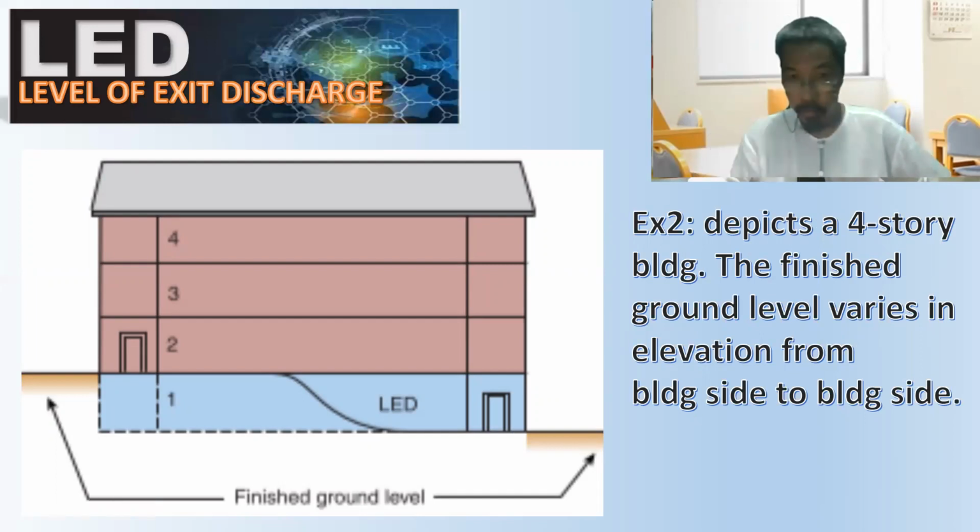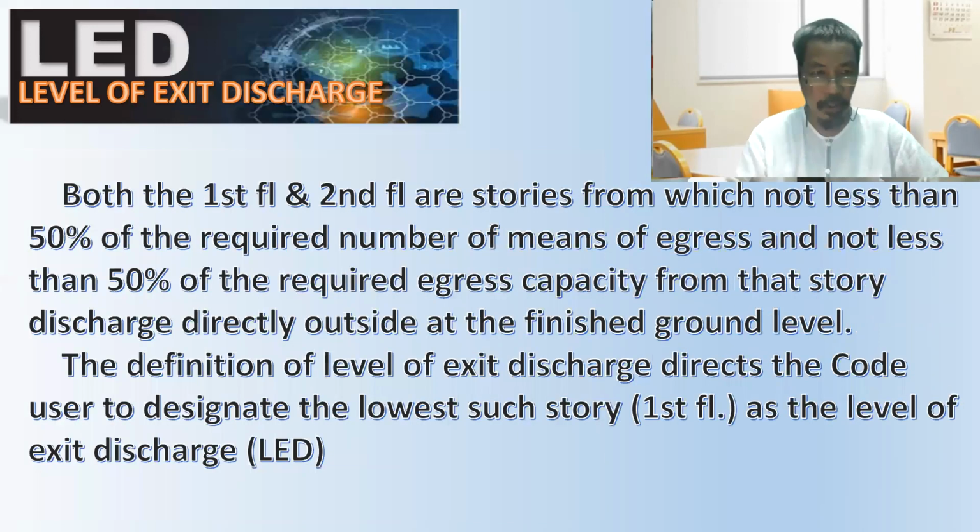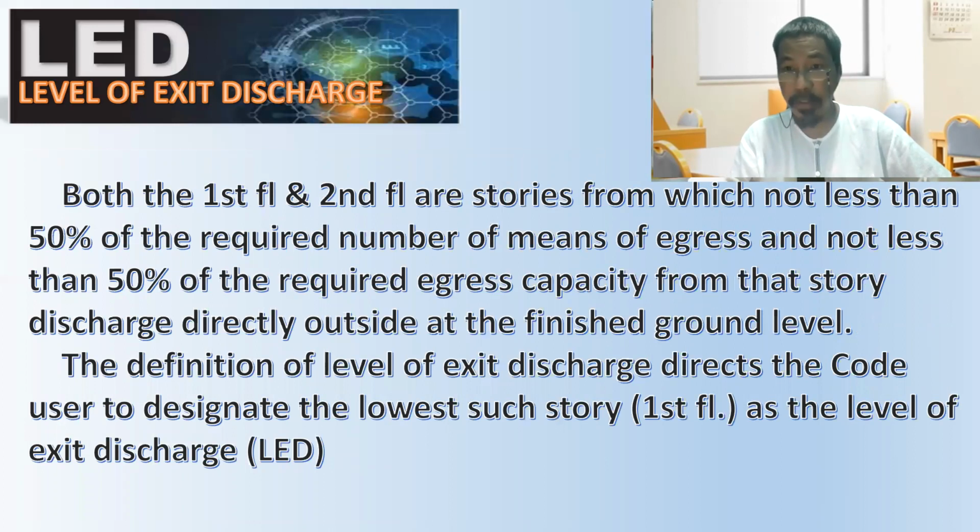Now, which one is the level of exit discharge, the first floor or the second floor? Let us proceed with the explanation. Both the first floor and the second floor are floors from which not less than 50% of the required number of means of egress, and 50% or more of the required egress capacity from that story, discharge directly outside.